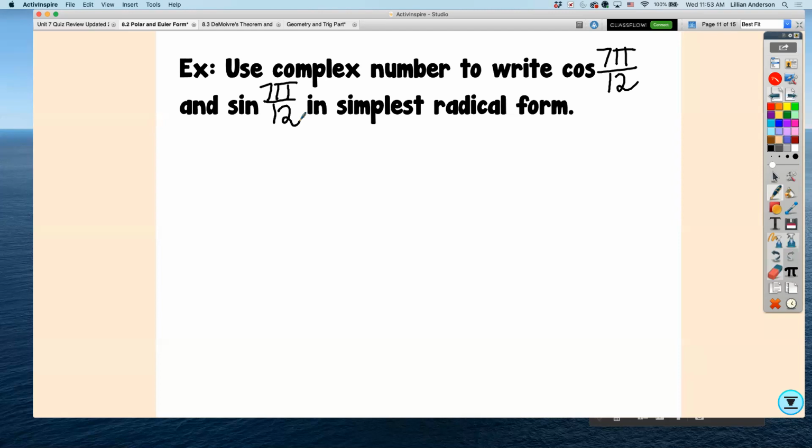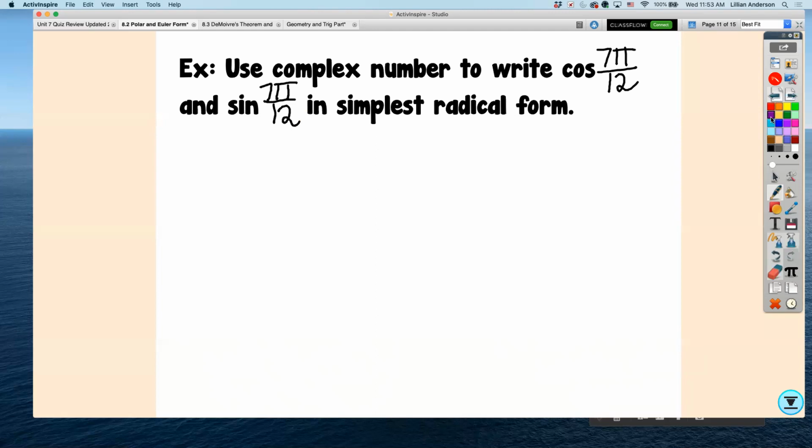A complex number that has sine and cosine in it is written in what form? The cis form. So that would be our polar form.